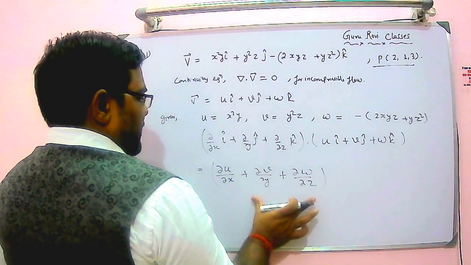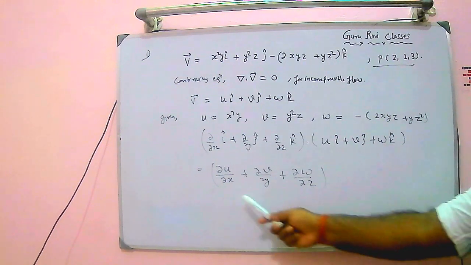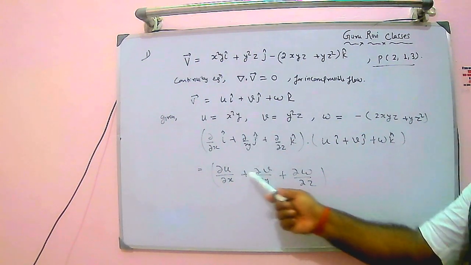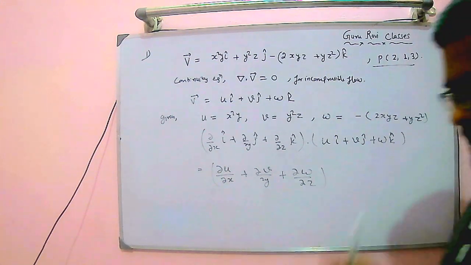We need to prove that the sum of these partial derivatives of u, v, w comes out equal to 0. That is our requirement.